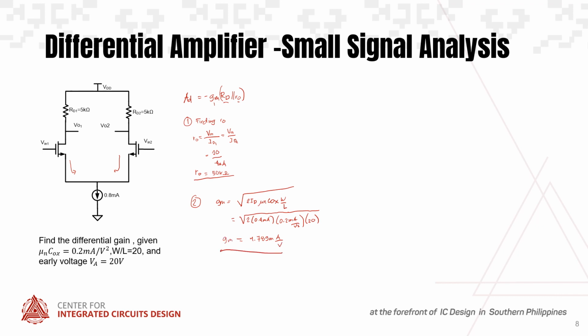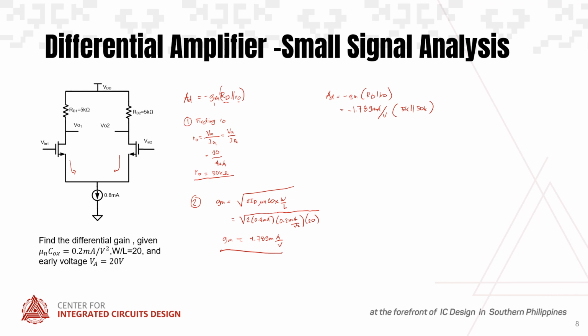So we already solved for RO, we already solved the GM, and we already had the RD, so we can now substitute. The differential gain is equal to negative GM RD parallel RO. So we have negative 1.789 milliampere per volt times RD, which is 5 kilo ohms, parallel RO, which is 50 kilo ohms.